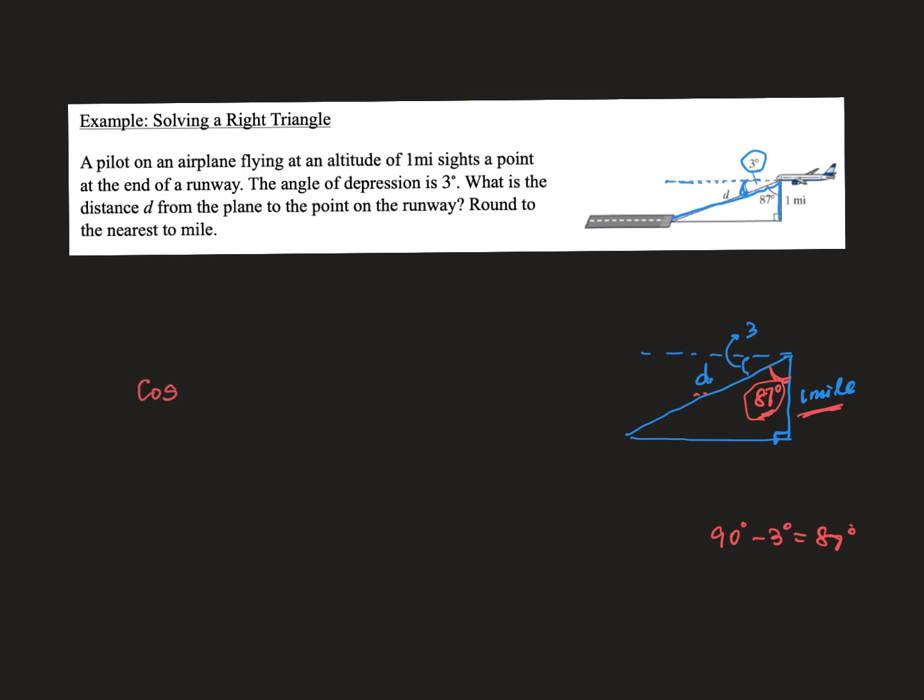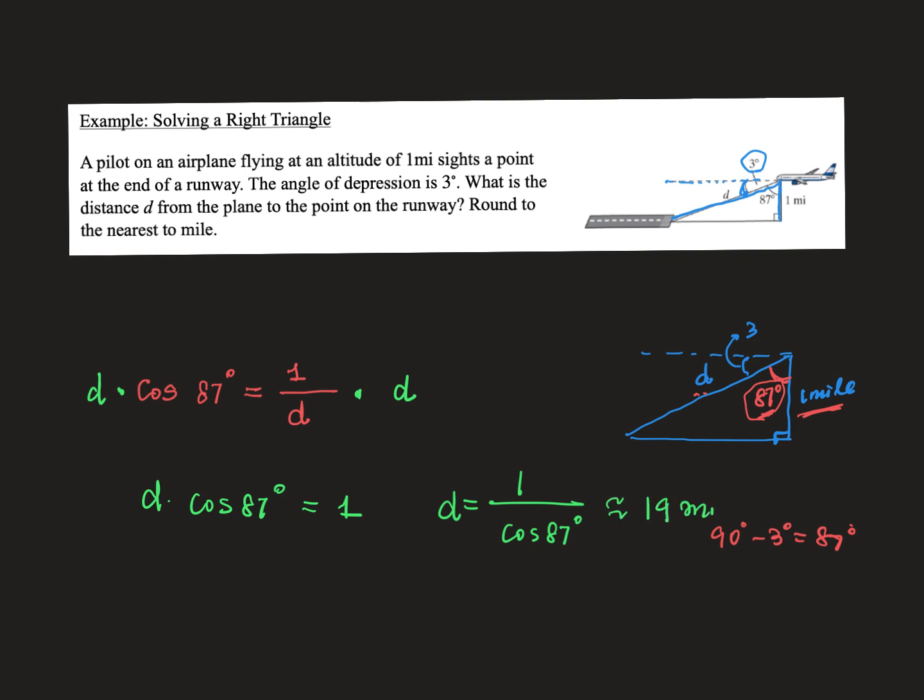Cosine of 87 degrees equals adjacent 1 over hypotenuse D. You want to find the D value, so you multiply both sides by D. So D cosine 87 equals 1. D is going to be 1 over cosine 87 degrees. This is approximately 19 miles.